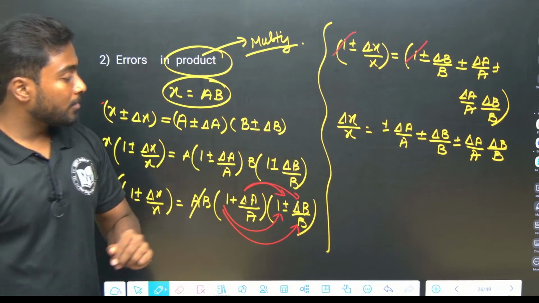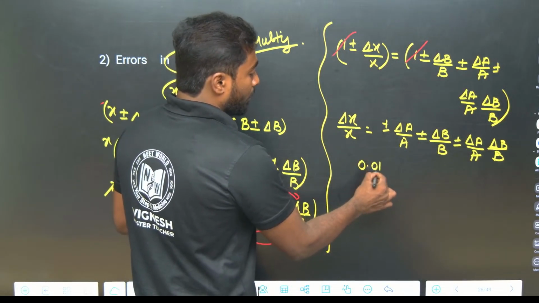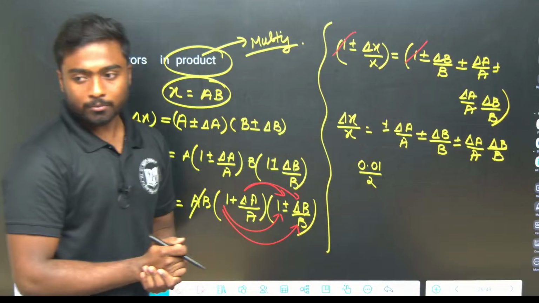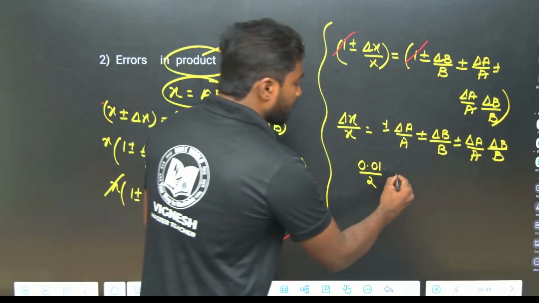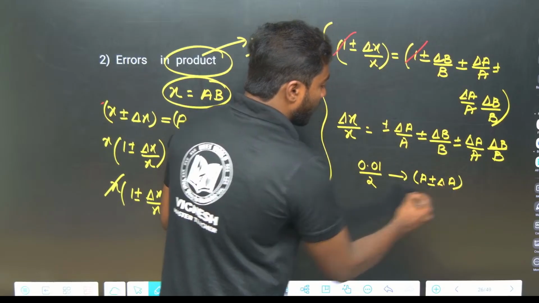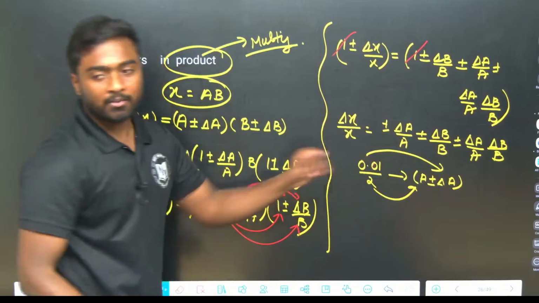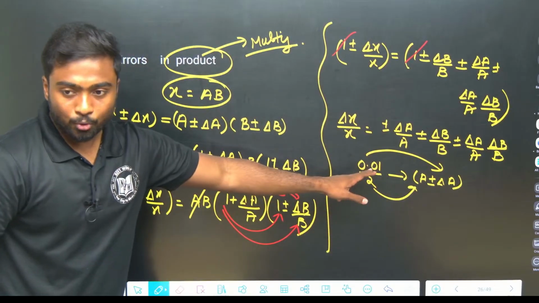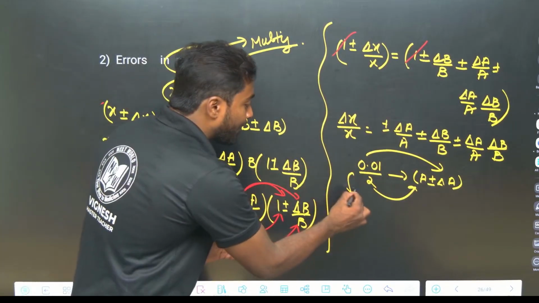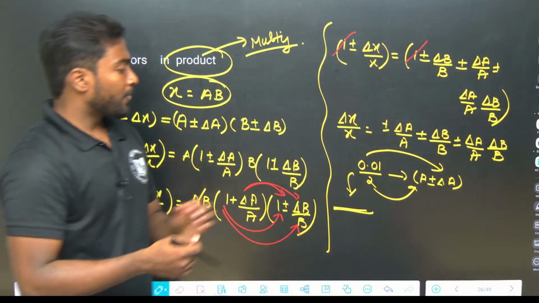And one more thing is, if I take 0.01 divided by 2, for example, think that this is A plus or minus delta A. So the value of A is 2, the value of delta A is 0.01. If I divide these two, I will get a very small value.